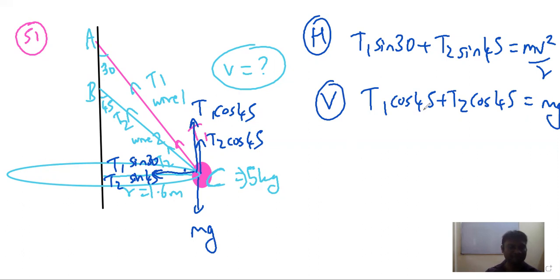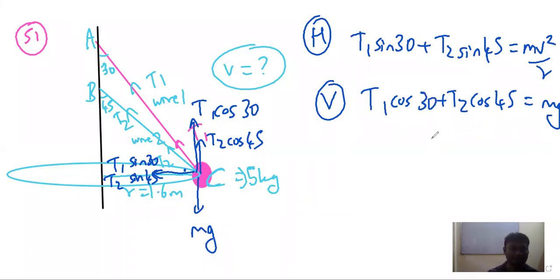In this case, along vertical, the T1 force is T1 cos 30, since this angle is 30. So here also, instead of 45, we will have cos 30.